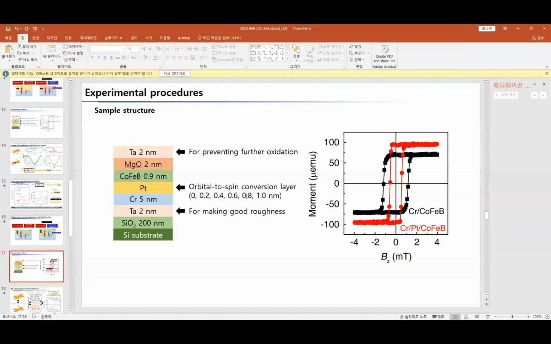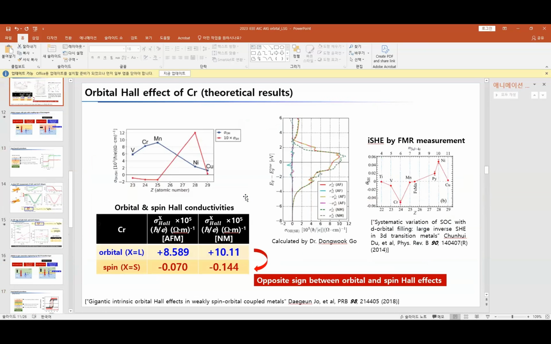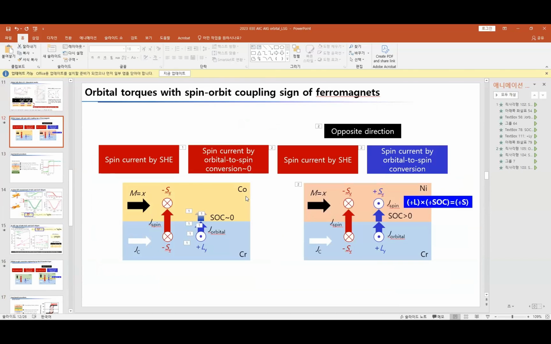Okay. Thank you. We have one more question. Wei Yao, can you ask? Yeah, thank you. Very nice talk. I have a very naive question: if you have a pure chromium film, can you measure the orbital Hall effect itself?